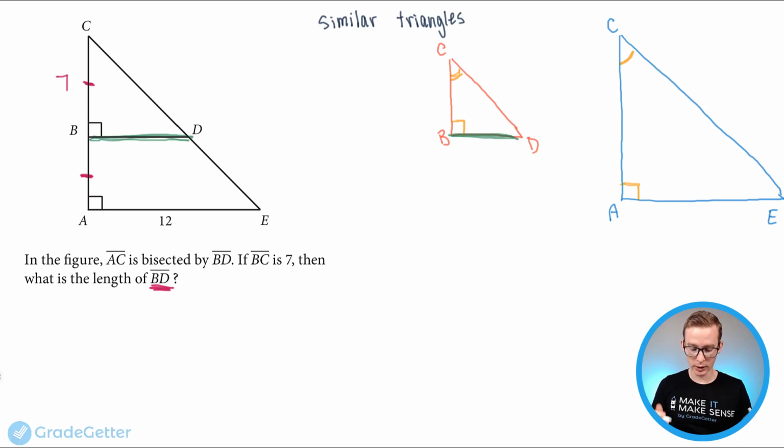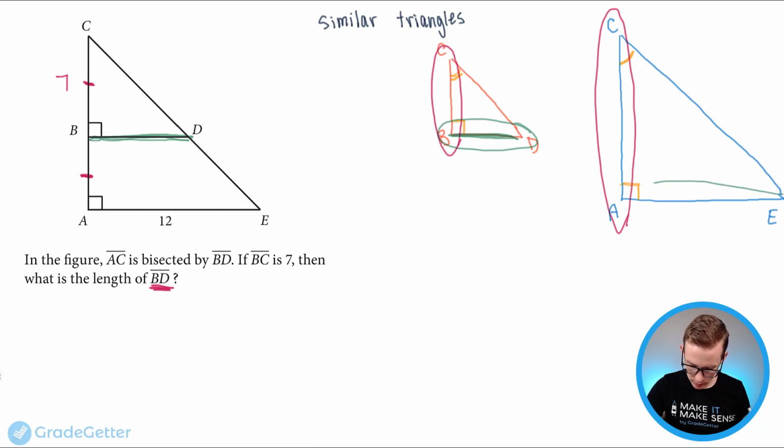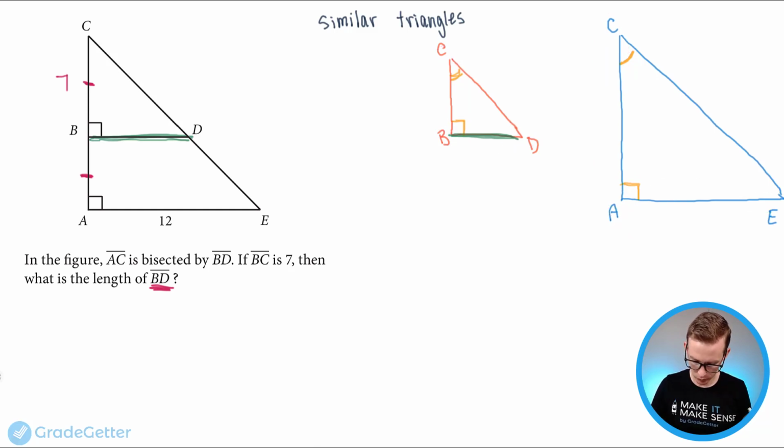So how can we use the properties of similar triangles to solve this problem? Well, again, we can use the proportional sides of each triangle. So what this means is that line CB is proportional to line CA, and line BD is proportional to line AE.